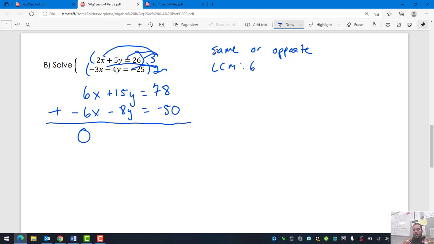I'll have 15y plus -8y, and that should be plain old +7y. And then I'll have 78 plus -50, basically the same thing as 78 minus 50. And that should give you 28.